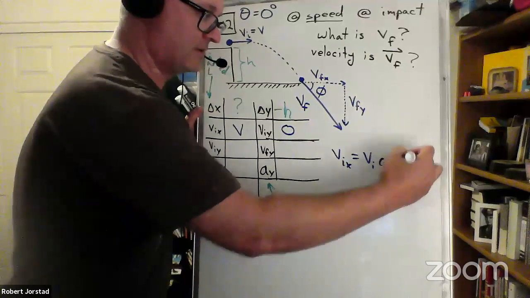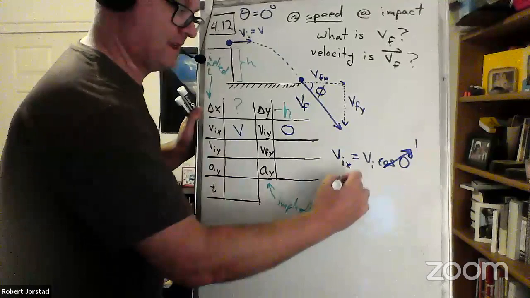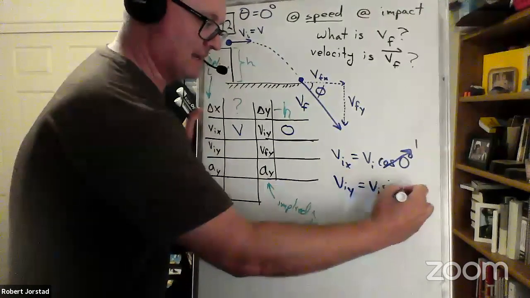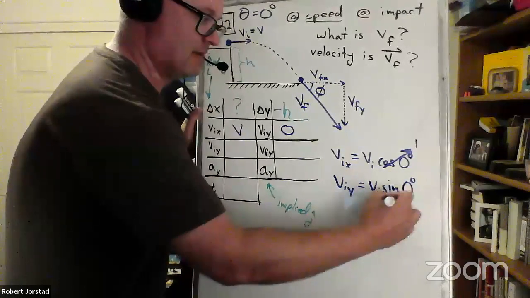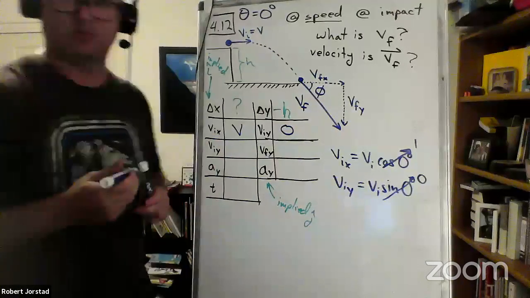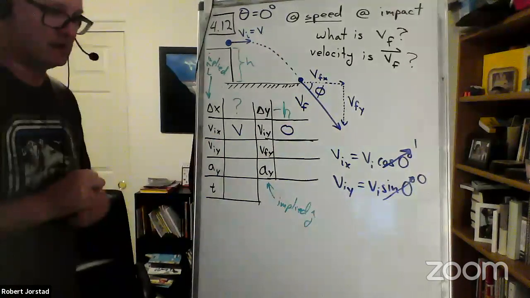Well, cosine of 0 is just 1. And V initial Y is V initial sine of 0 degrees, which goes to 0. And so notice we get exactly what was just said. Nice job.